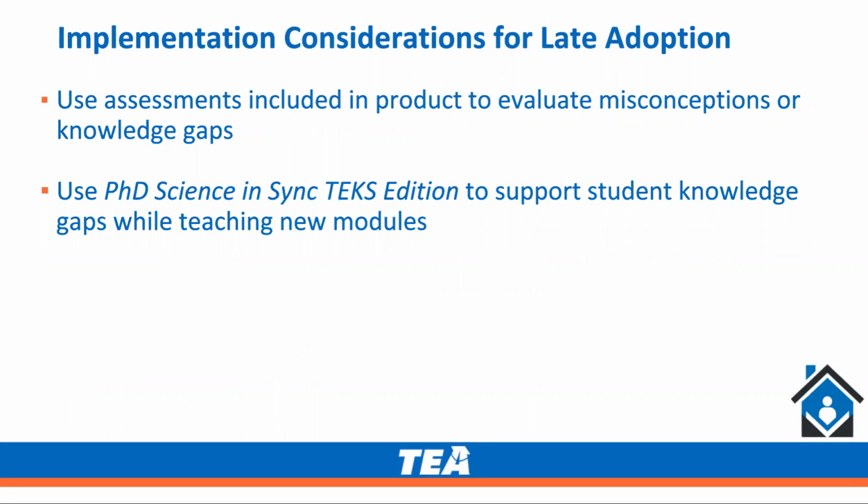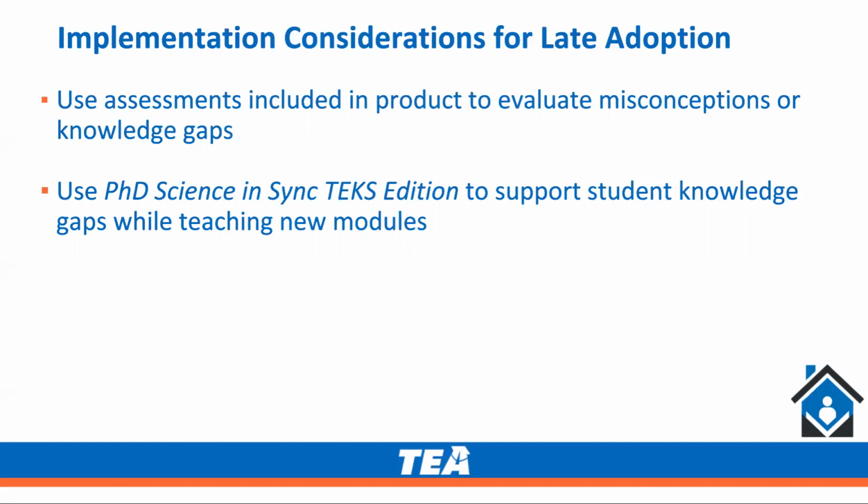So what we are planning to do to support districts in thinking about the transition is provide guidance around different entry points that a district and/or classroom can take when thinking about transitioning to PhD Science TEKS Edition, should they choose that they want to do that. So for example, if you are a district that wants to transition at the end of your first 6 weeks, what could an adapted scope and sequence and pacing guide look like?